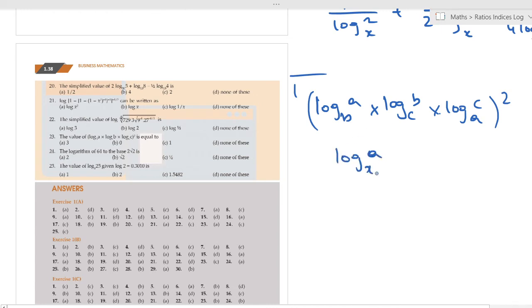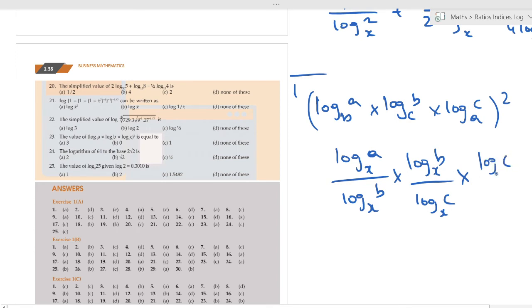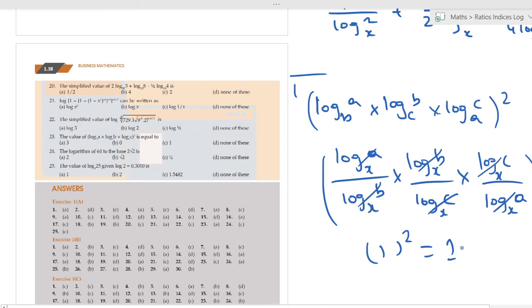Log a to the base x by log b to the base x, into log b to the base x by log c to the base x, into log c to the base x by log a to the base x, whole square. So everything gets cancelled, and we get 1. Simple.